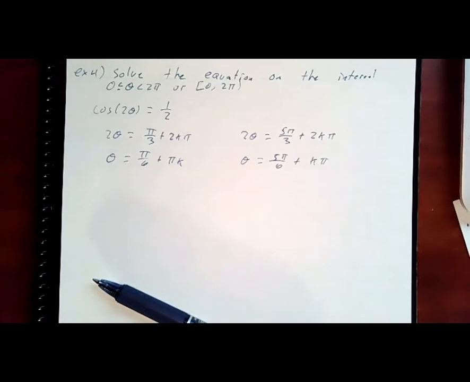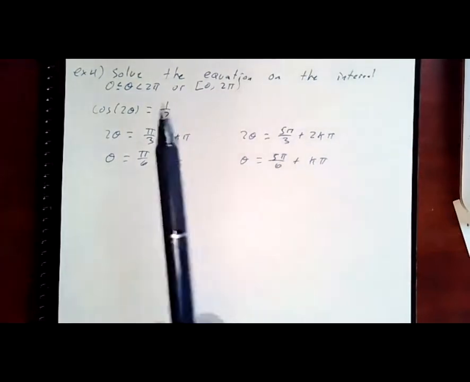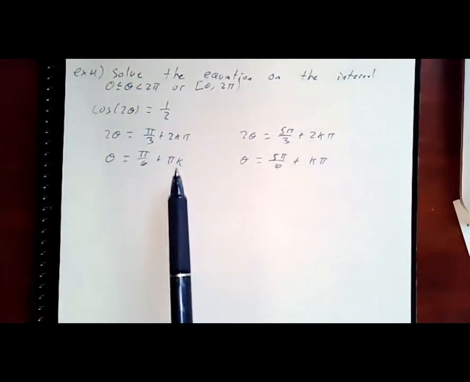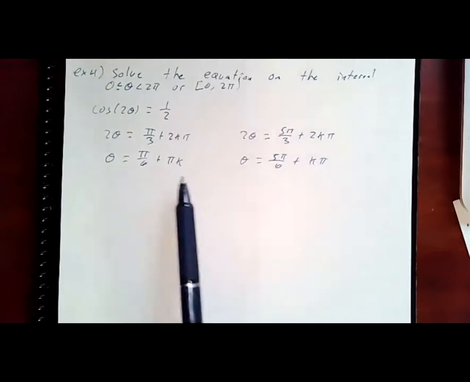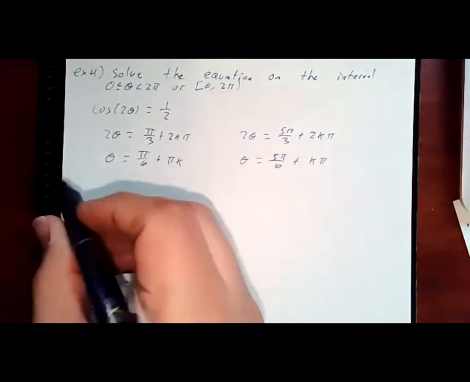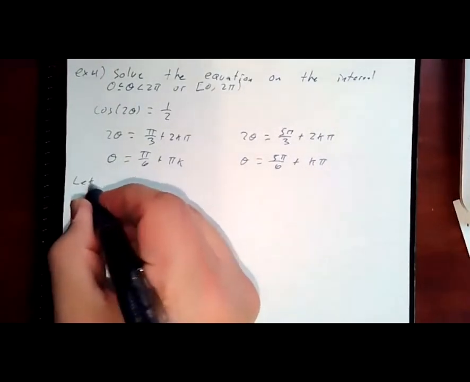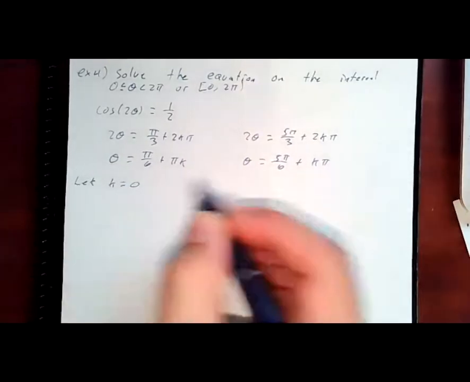Okay. So that's the easy part. The annoying part is we're going to have to let k be 0 and 1 for both sets, so you're going to do it twice. So let k equal 0.